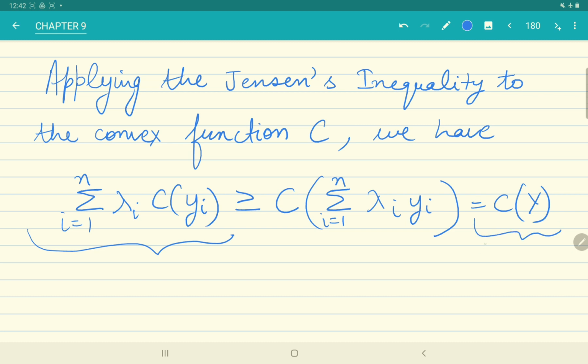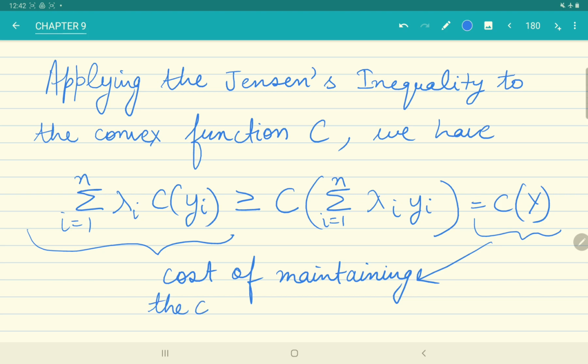This is the cost of maintaining the constant output level y over the whole year.